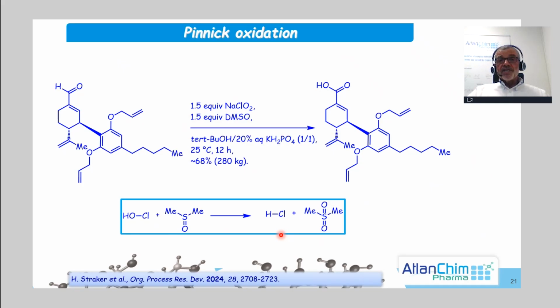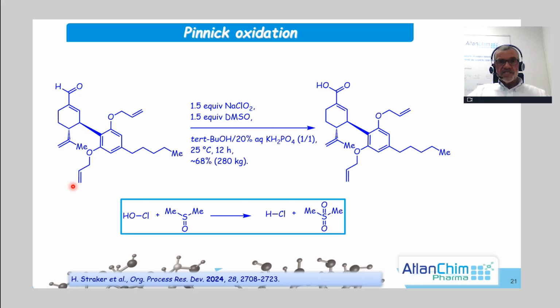So it was found that using a stoichiometric amount of DMSO was sufficiently effective in trapping the hypochlorous acid formed during the oxidation reaction. Also, the dimethyl sulfone byproduct of the oxidation was removed in the aqueous extractions during workup.